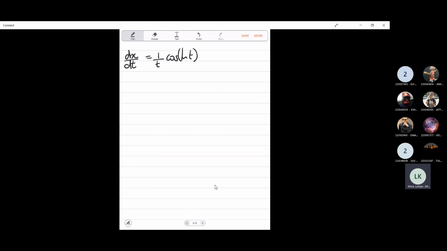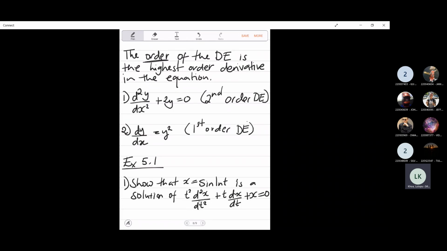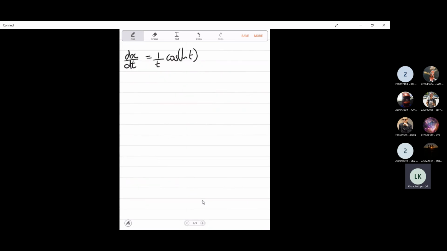And in my equation, I also need the second derivative. So I work that one out, d2x/dt squared. Now I'm differentiating with respect to t. To work this out, I need to use the product rule because this is a function of t that is also a function of t, or you can use the quotient rule. Either one is fine. So I will use the product rule.